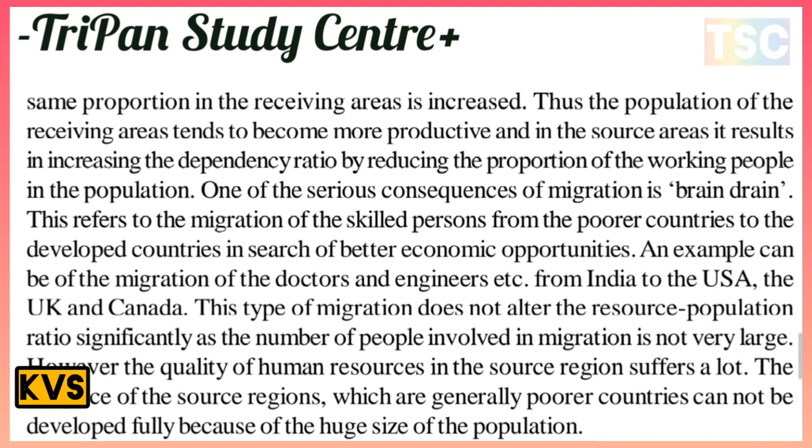Thus the population of the receiving area tends to become more productive, and the source area results in an increased dependency ratio by reducing the proportion of working people in the population.